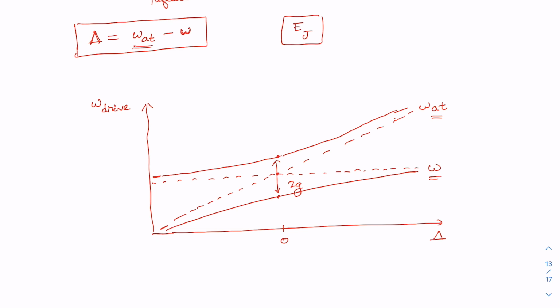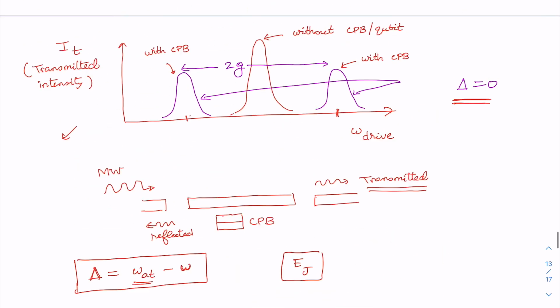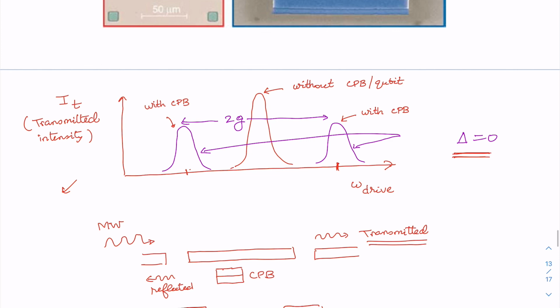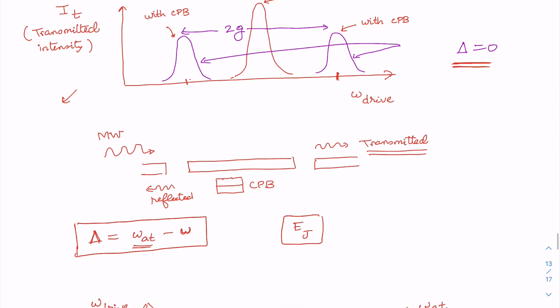Another issue that we can discuss is, what about the intensity of these peaks? Now when delta is equal to 0, that means at resonance, this peak intensity is related, as I discussed earlier, to the matrix element connecting the initial state and the final state, and that is connected by the excitation of a photon inside the cavity.